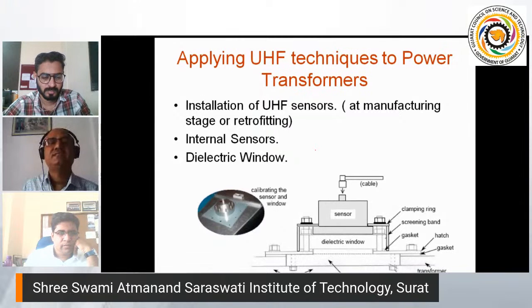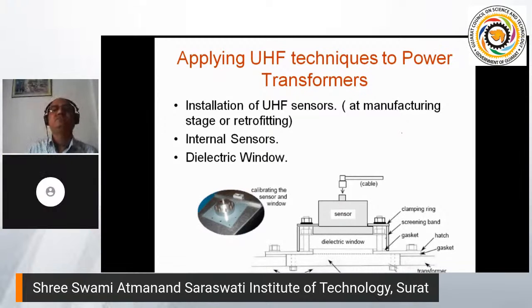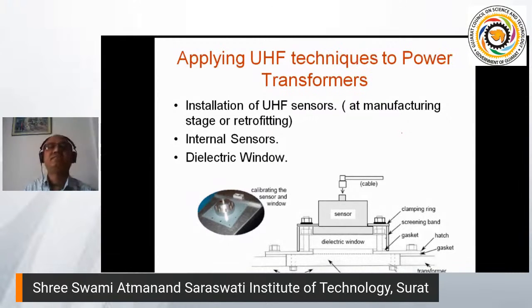That is the problem in UHF, and it means the sensor has to be put inside the tank. Otherwise, the tank will act as a Faraday cage and the electromagnetic wave will not come out from inside where the PD is occurring. Or you can have a dielectric window instead of a metal tank.